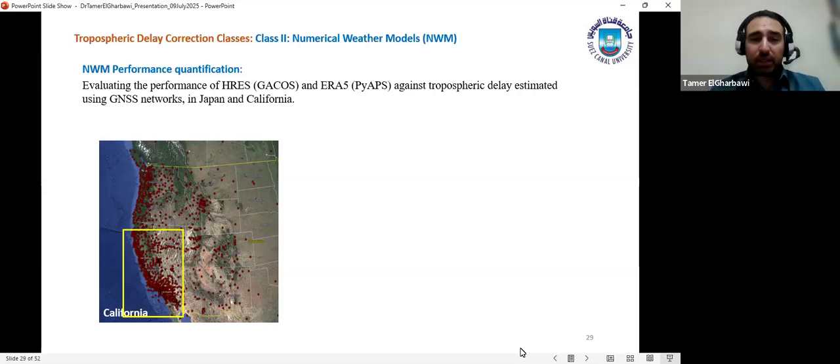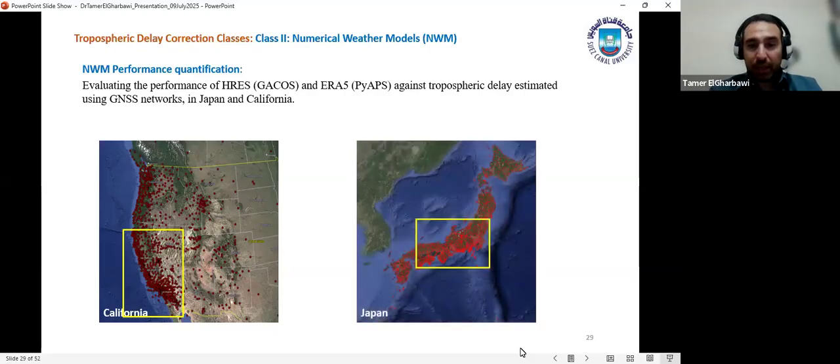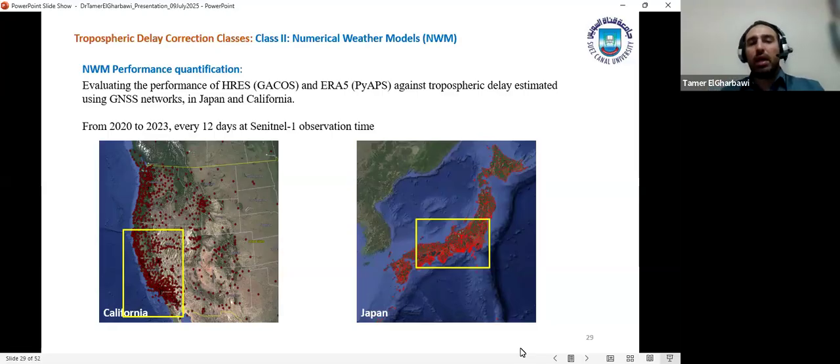But here we just estimated the zenithal tropospheric delay and compared it directly to the observation from GPS data. We tested the yellow region in California and the yellow region in Japan, and we tested that for nearly 4 years, from 2020 to 2023. We used an observation every 12 days just to mimic the Sentinel-1 observation timeframe, or the orbit of the Sentinel-1.